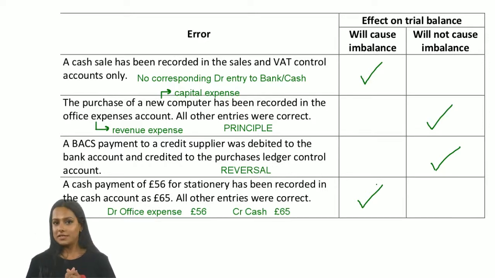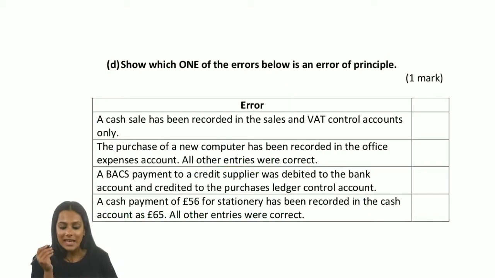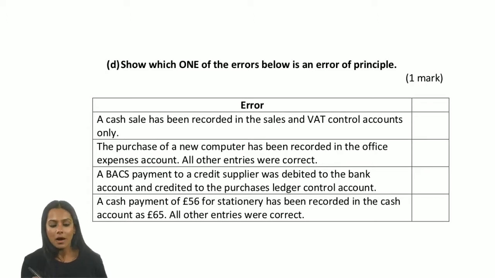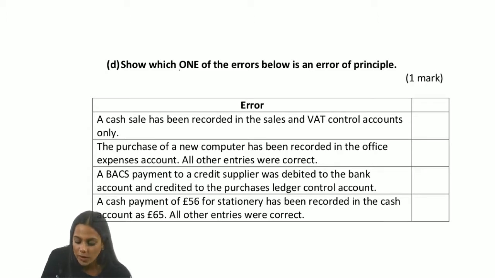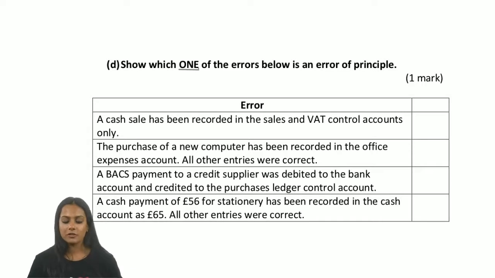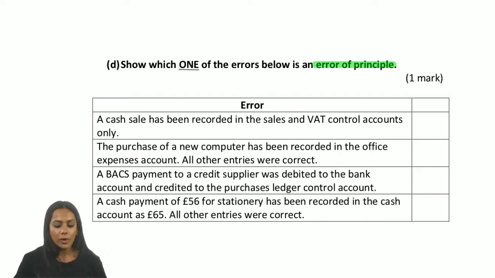The next part of this task is actually a follow-on from this bit, and here the examiner is testing you on your ability to know the names of the errors and the descriptions as well. So part D says show which one of the errors below is the error of principle.